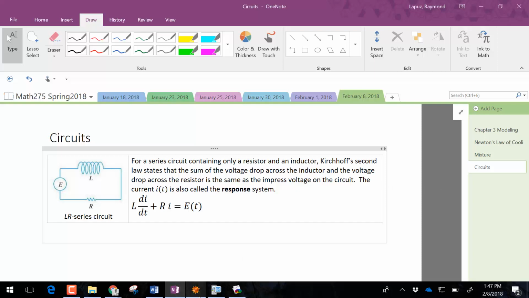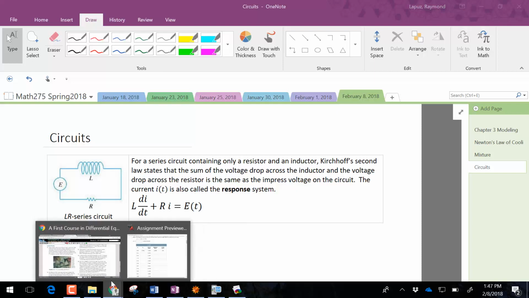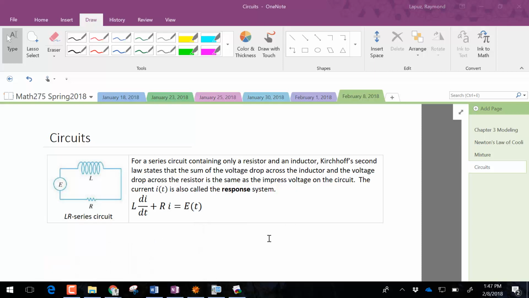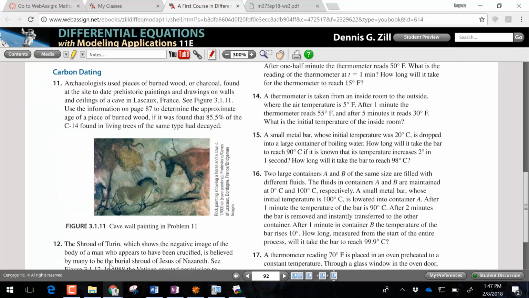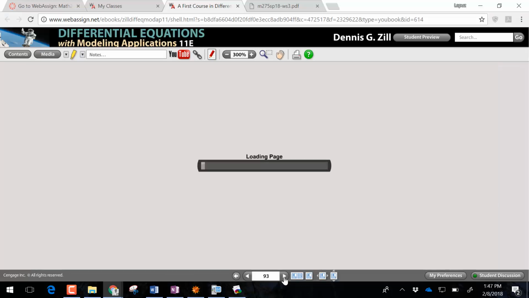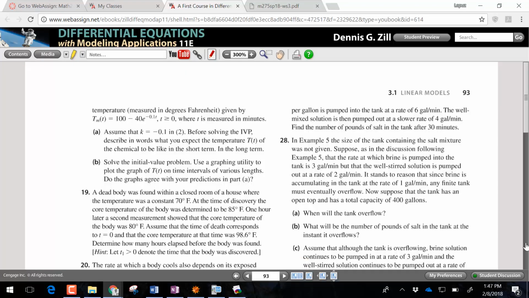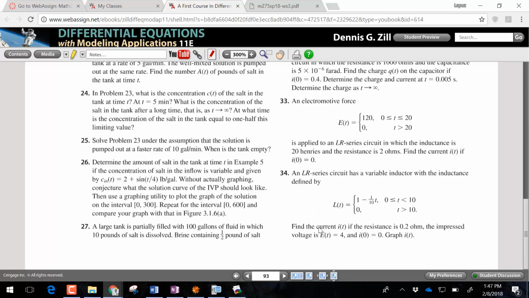All right, let's do a problem from this section that deals with an LR circuit. Where's the book? I was looking at this one. It looks kind of weird.